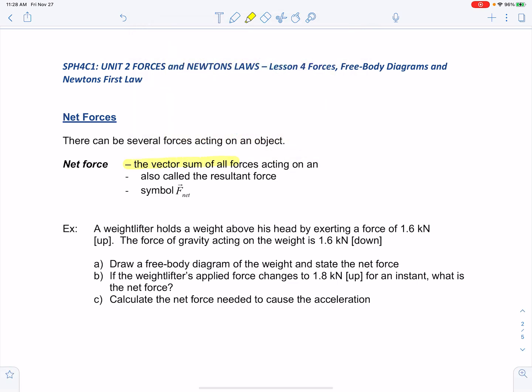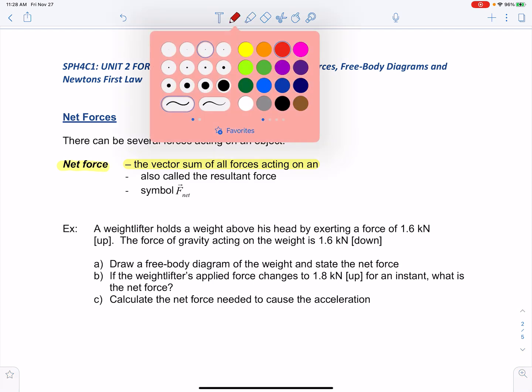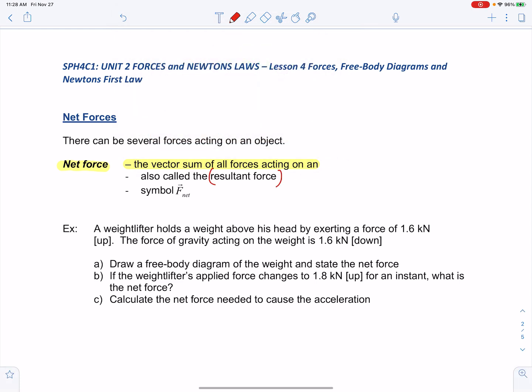So if we can add up all the forces acting on an object, we will find the object's net force. Another way to describe the net force is by calling it the resultant force, or the total force, the total of all forces. And we give it the symbol F subscript net.